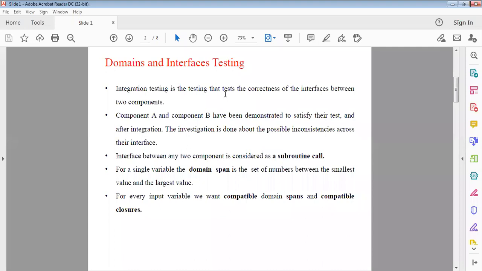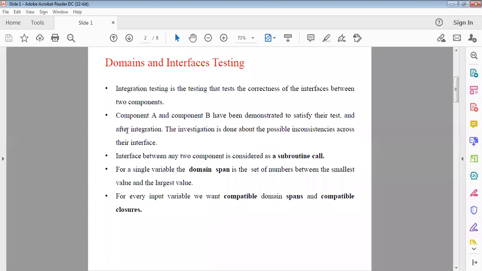I think you have seen different testing methods, like unit testing and integration testing. Here we will follow integration testing, a testing method to test the correctness of the interface between two components: how these two components or domains interface to one another.